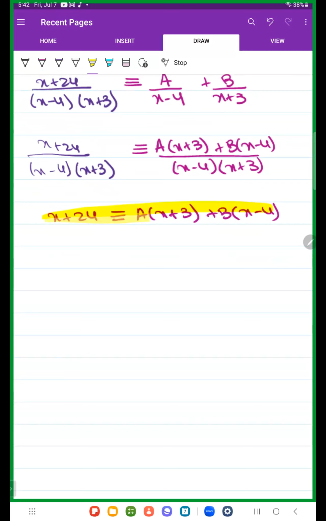Okay. To find a, you will have to eliminate b. So what will I put in x as? 4. So plug in x as 4 and tell me the answer for a.